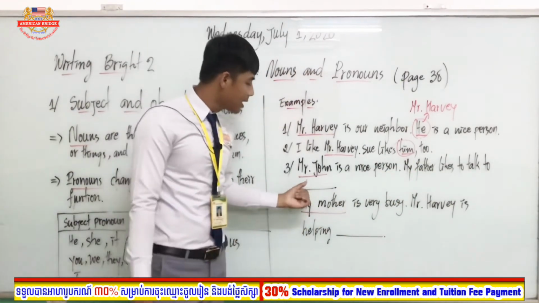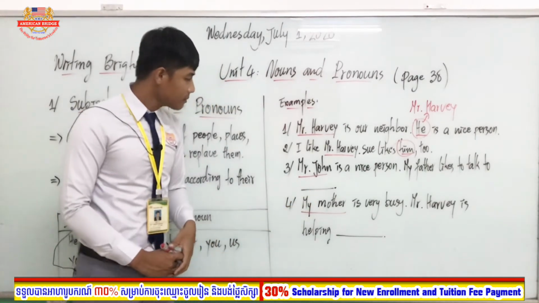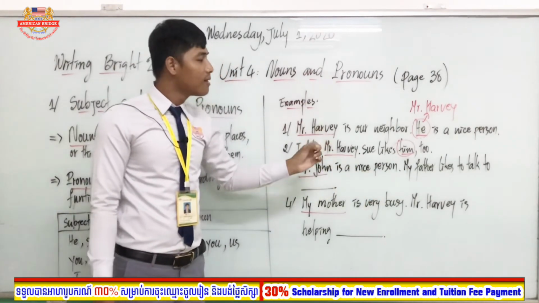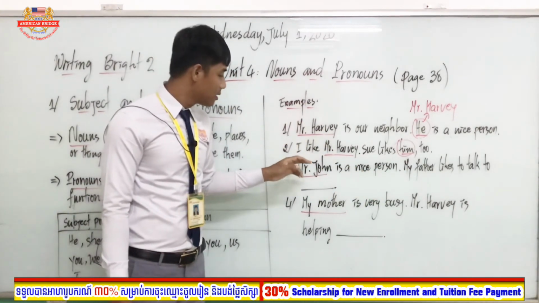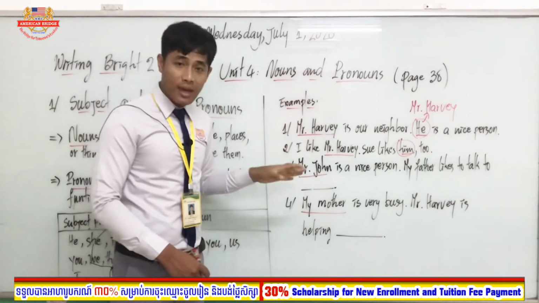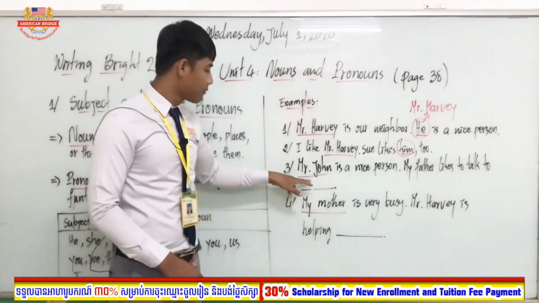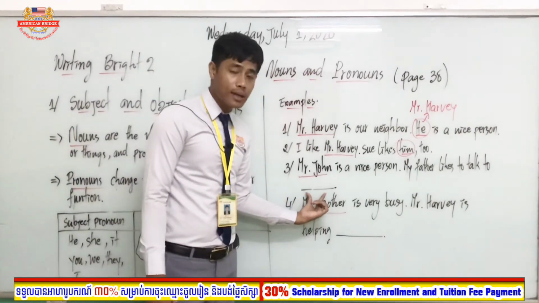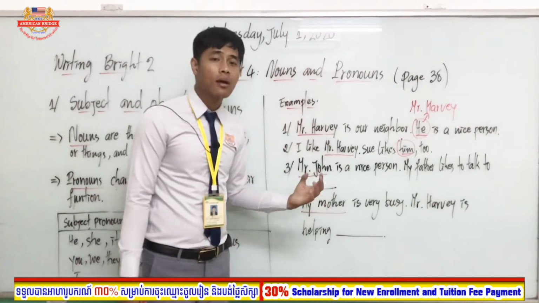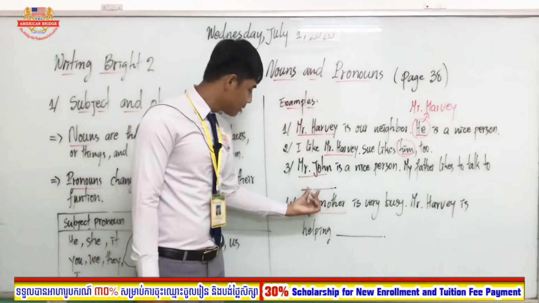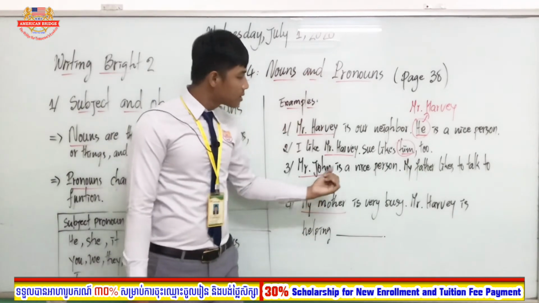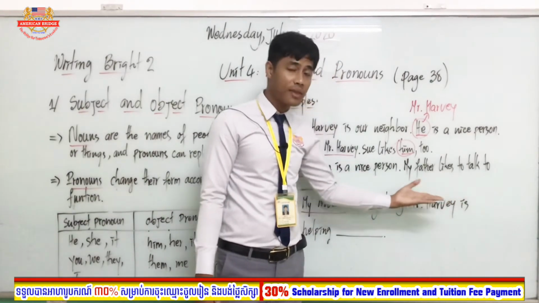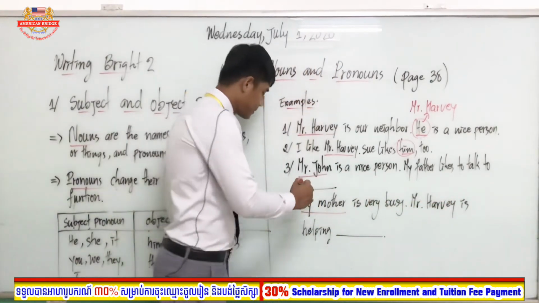Good. So now let's see number 3. Mr. John is a nice person. My father likes to talk with him or with he. Everyone, let's find out. Does it function over here as a subject or object? My father is the subject already and likes is the verb, to talk with him.